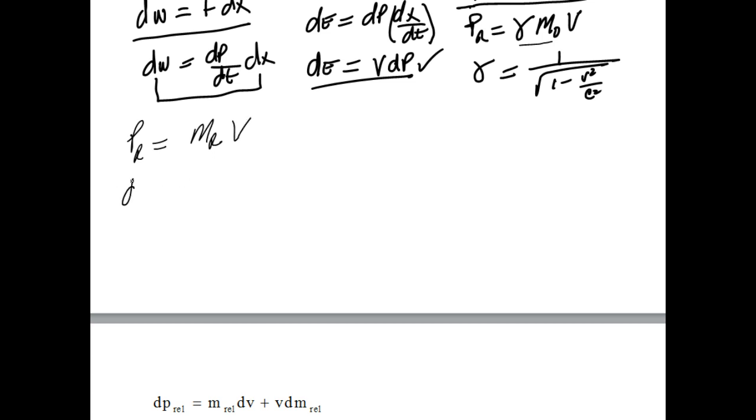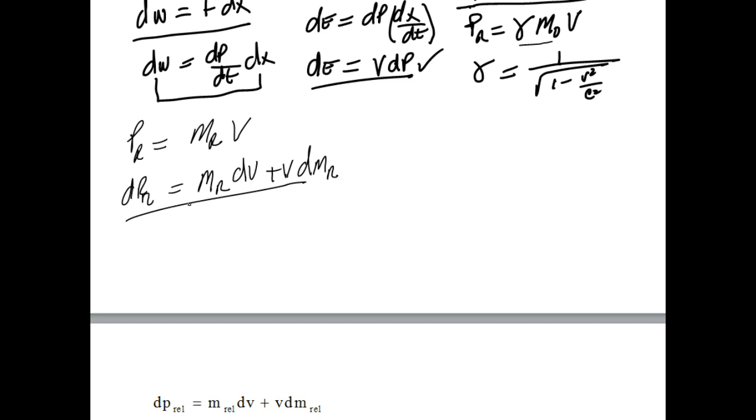If we take the derivative of that relative momentum, it would be equal to your relative mass times the change in your velocity plus your velocity times the change in your relative mass.